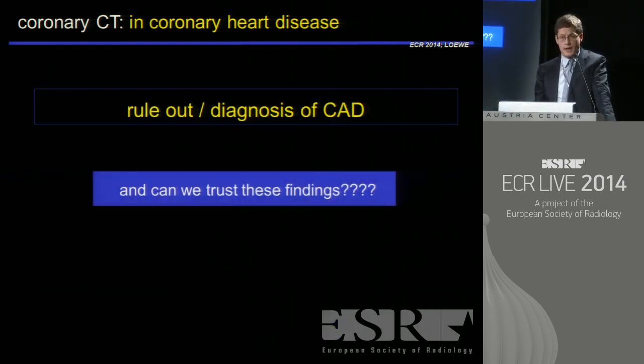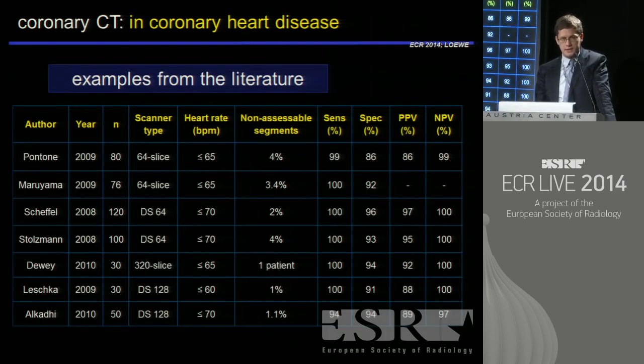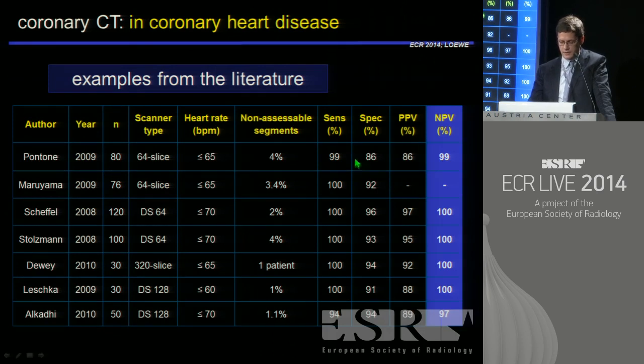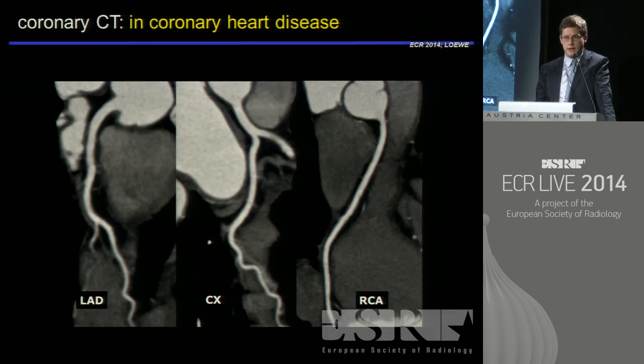Can we trust these findings? The answer is a clear yes. There's really, really good evidence in the literature. Hundreds of papers have been published during the last couple of years, and all of them are ending with a really, really high negative predictive value between 99 and 100%. And honestly speaking, there are not that many tests in medicine available providing such a high negative predictive value.